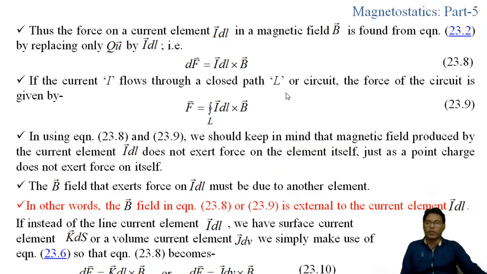Now therefore we can say the force on a current element Idl placed in a magnetic field B is found from equation 23.2.